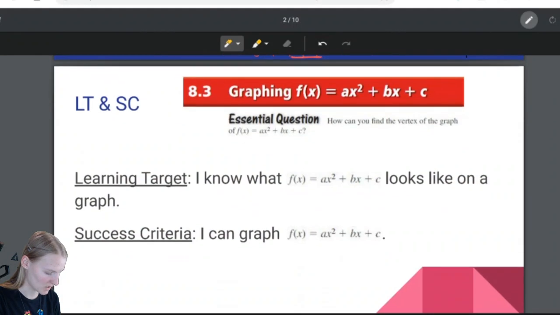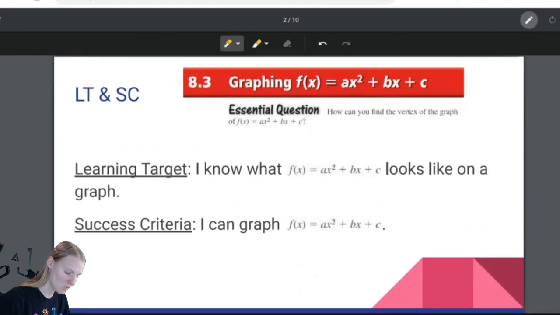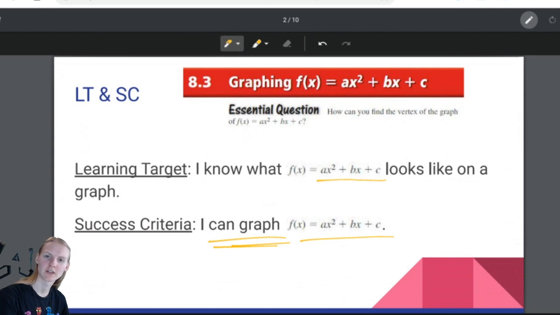Now, what do we have for today? Today's learning target: you know what ax squared plus bx plus c looks like on a graph, and you can graph ax squared plus bx plus c.